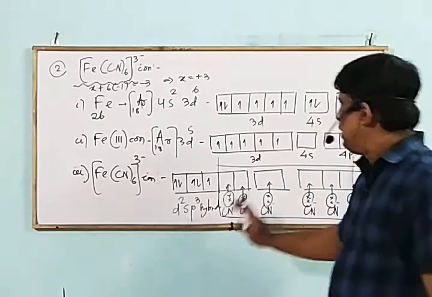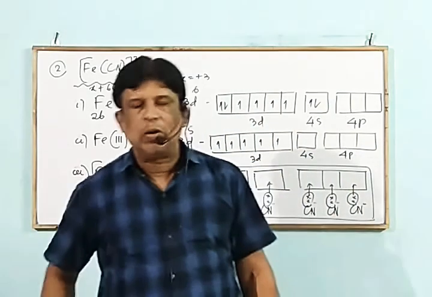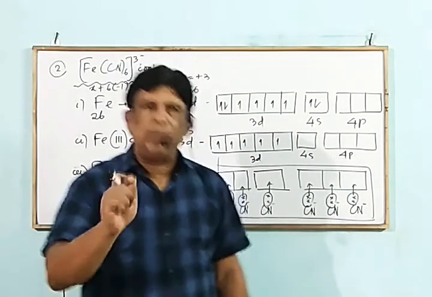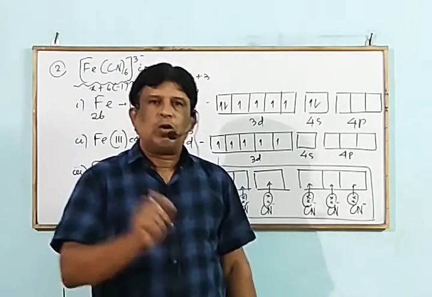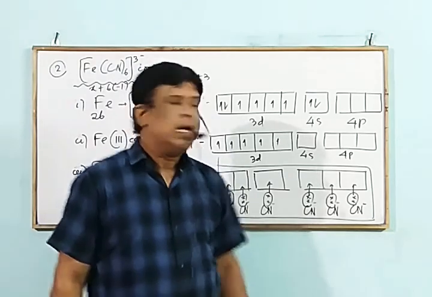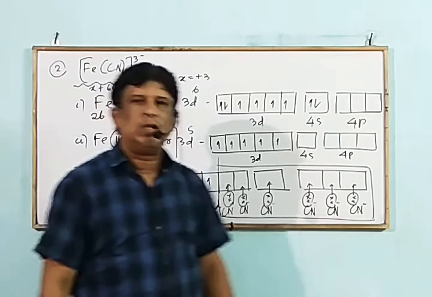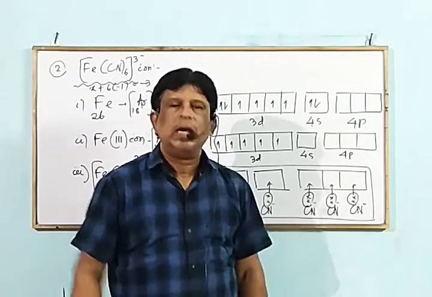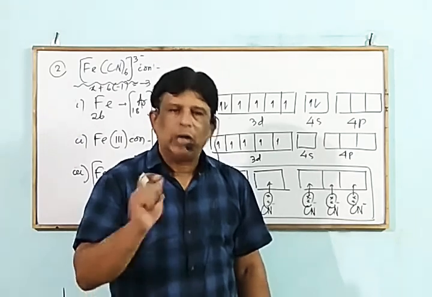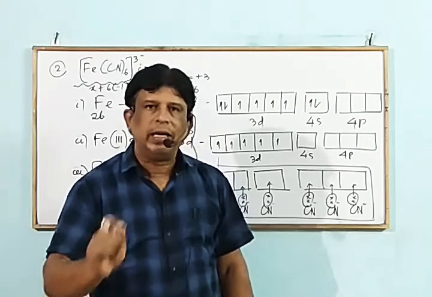As there is one unpaired electron, this complex is paramagnetic in nature. Since coordination number is 6, the complex is octahedral. Since the inner (n-1)d orbital participates in the hybridization, it is known as inner orbital complex. Inner orbital complex, octahedral geometry, and paramagnetic in nature.